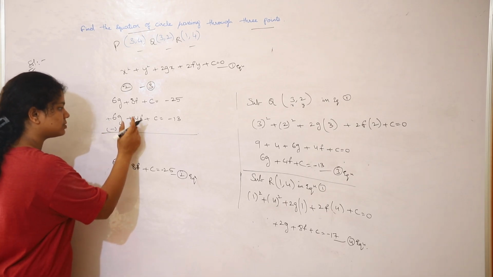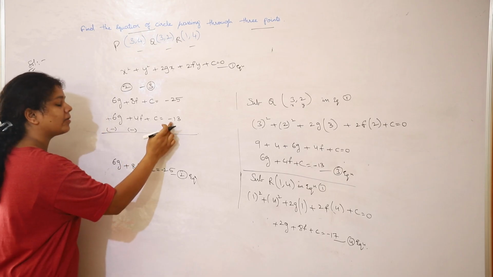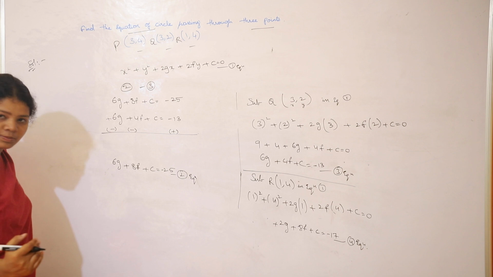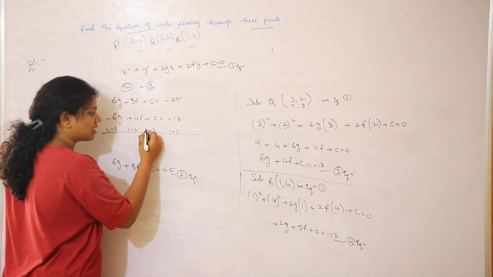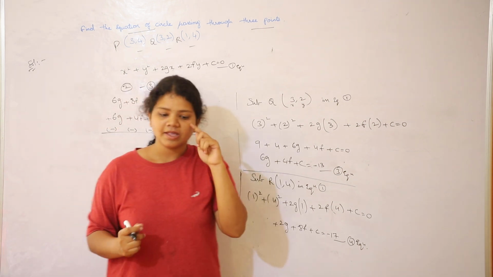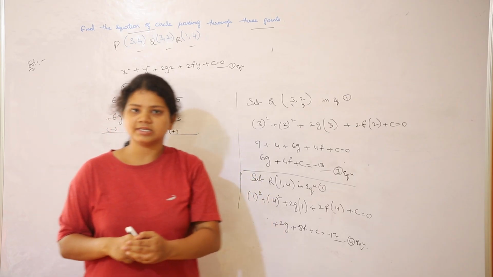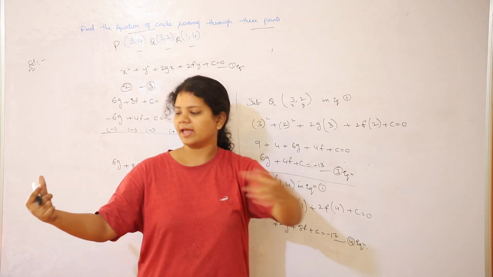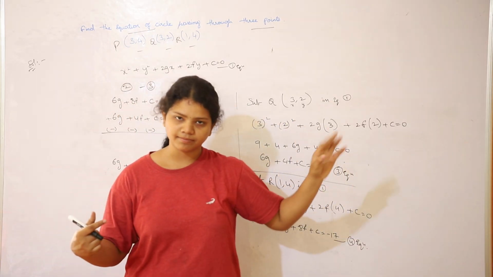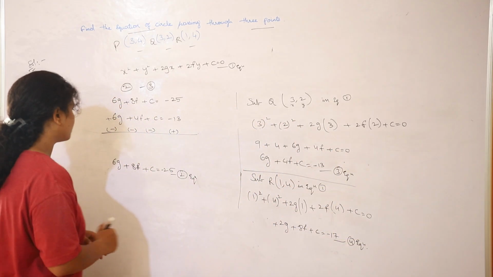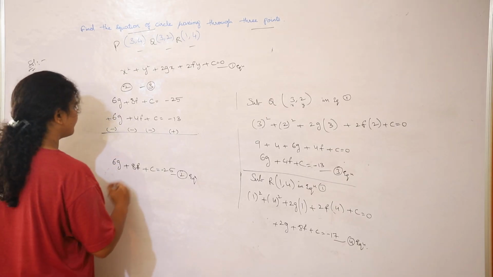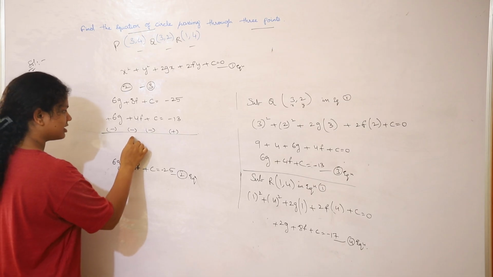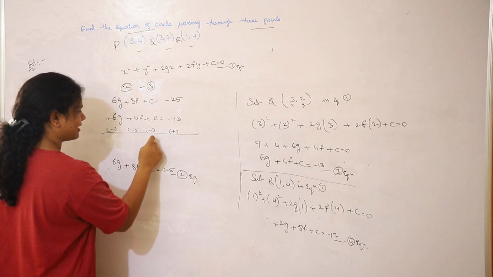Here you have a positive sign, and it converts to negative. When solving equations like this, the positive sign converts to negative and the negative sign converts to positive. Are you getting it? So here you have minus 6g plus minus 4f plus minus c.